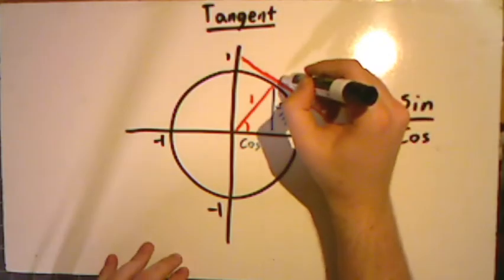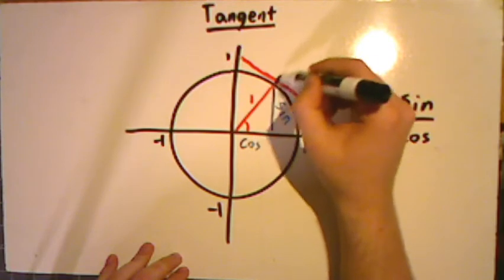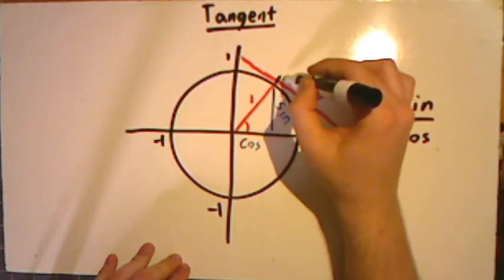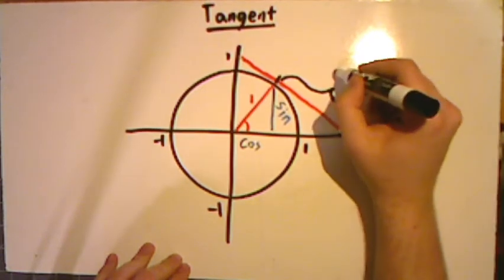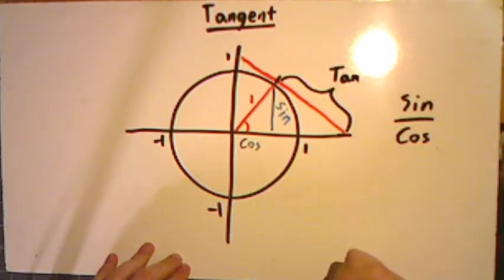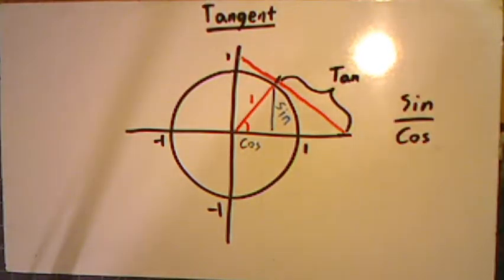This value, from that point of intersection to the point it touches the x-axis, is actually our tangent. That is where we get a measurable line for our tangent, so that we can actually see where it comes from.